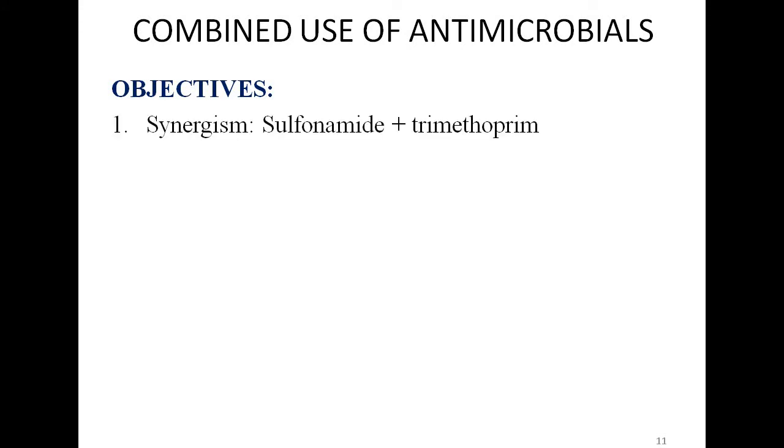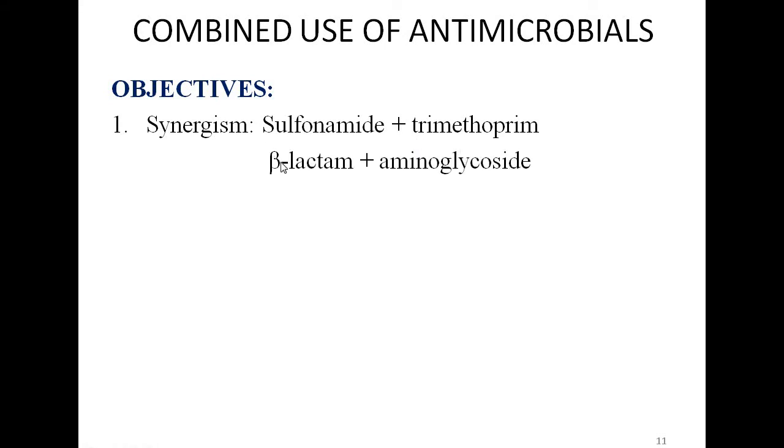The objectives include drug synergism, that is the use of one or more drugs when the effect is more than additive. For example, sulfonamide is an antimicrobial agent which is bacteriostatic. Trimethoprim is an antimicrobial which is bacteriostatic. When the combination is used, it becomes bactericidal. This is an example of drug synergism.